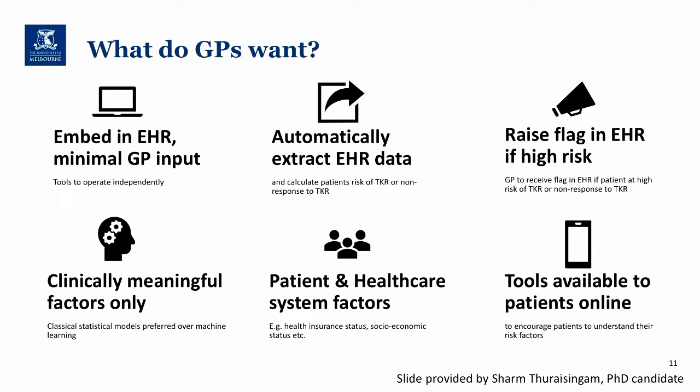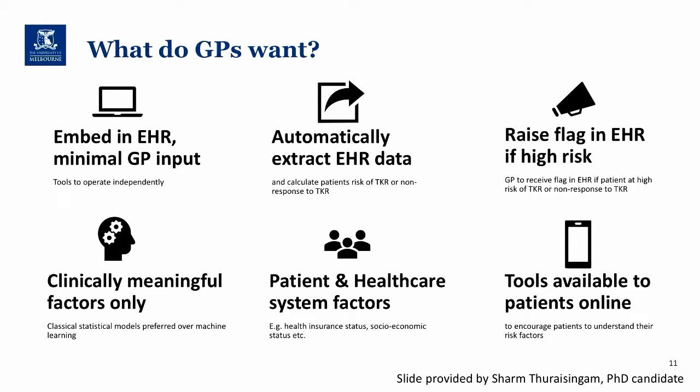And of course, you always have to keep in mind what the end users are going to want from any models that are produced from this. So our GPs have told us, we want this to be embedded in our electronic health record. We don't want to have to add anything to it, so just build the model from what's in the record. We only want a flag to be raised in our electronic health record if somebody's at high risk. We want to understand the model.